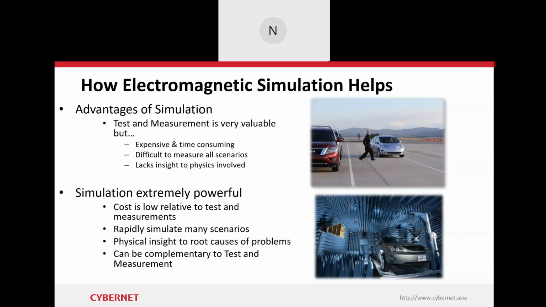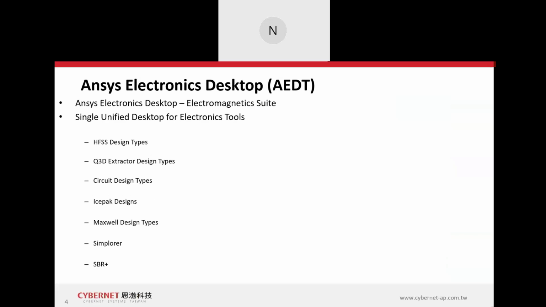Now we need to introduce some simulation platforms to you, including the EBU electronics tools. Ansys provides a platform called Ansys Electronics Desktop. The Electronics Desktop is a single unified desktop for the electromagnetic tools. It combines HFSS, Q3D, even circuits, and Maxwell in the same interface.